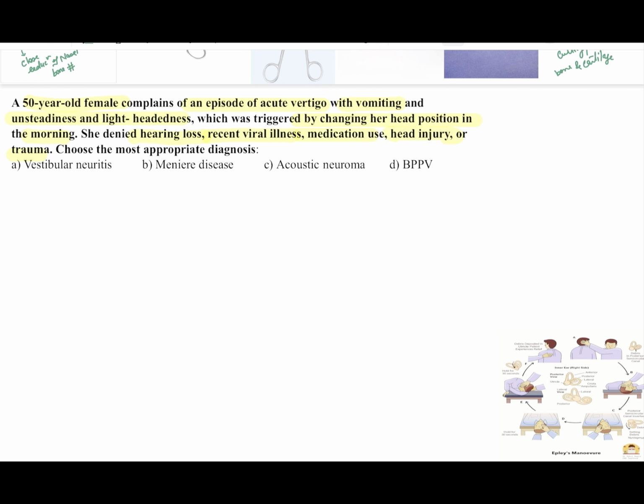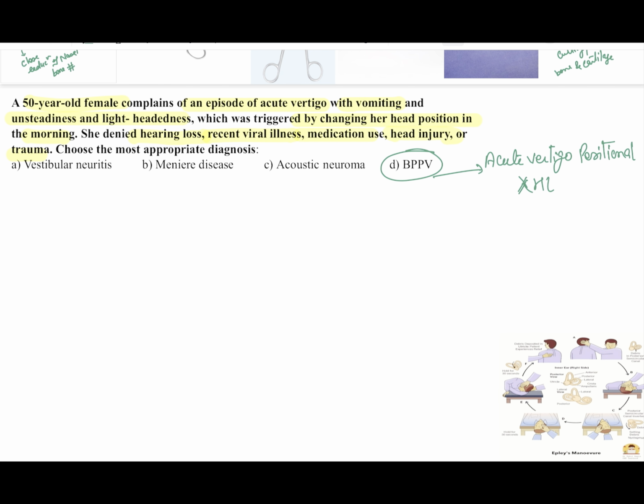Whenever they mention this, in the question they have mentioned acute vertigo with vomiting, unsteadiness, lightheadedness, which is more with positional changes, and there is no history of hearing loss. This is classical for BPPV, benign paroxysmal positional vertigo.